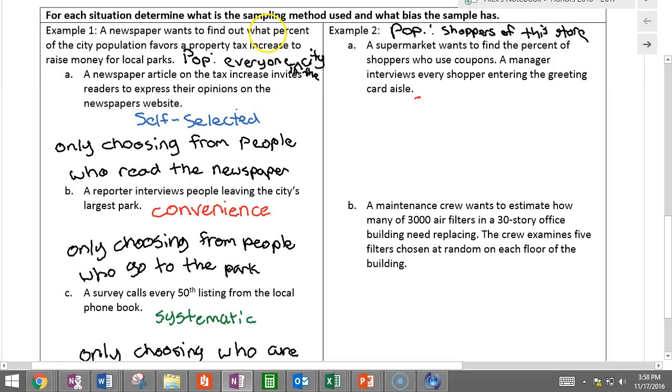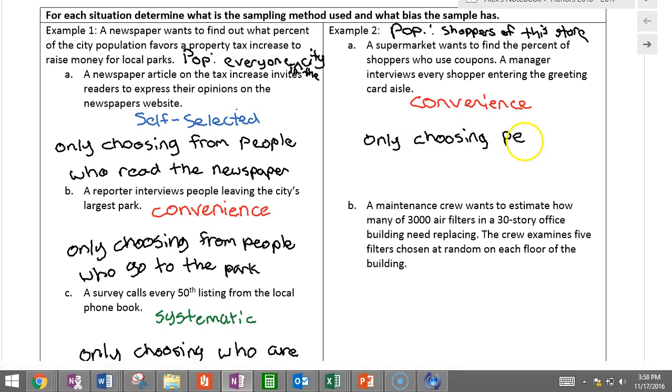And this is a convenience sample. He is just standing there, waiting for people to walk by. And it only is choosing people buying greeting cards.